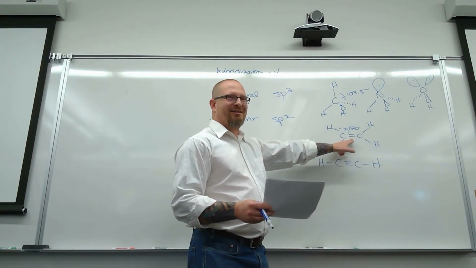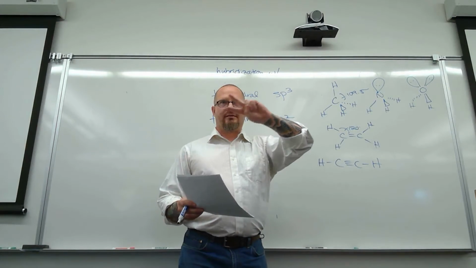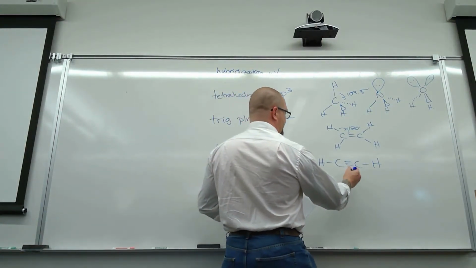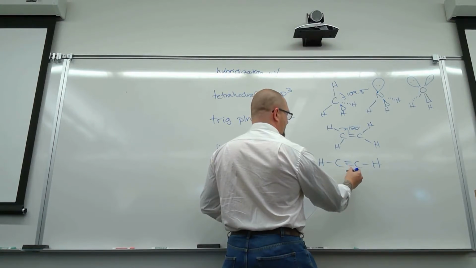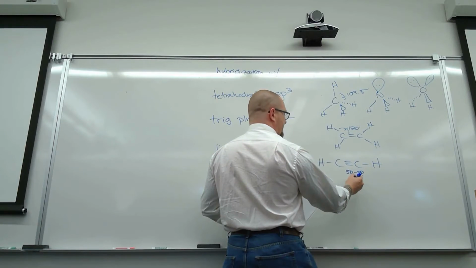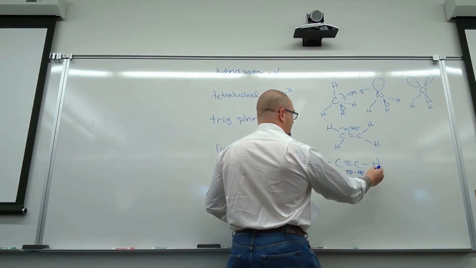If it has one pi bond, it's going to be sp2. 2 pi bonds means sp. So this has a single sp to sp sigma bond, and it has 2 p to p pi bonds.